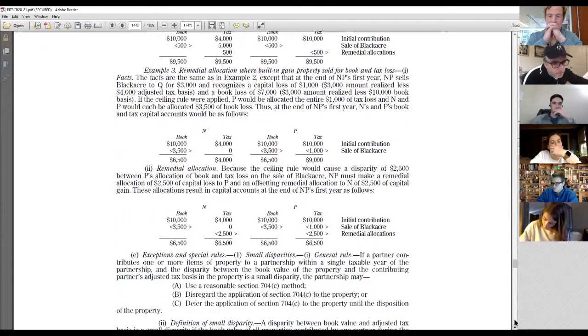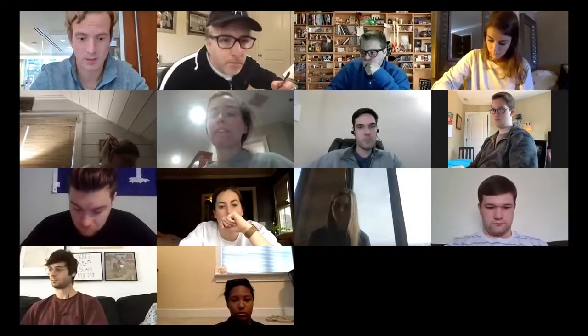Example 3 is another example. I'll just do that one because we got 5 minutes. It's a simple example, and then we'll be done. So this is Blackacre, so it's non-depreciable property.